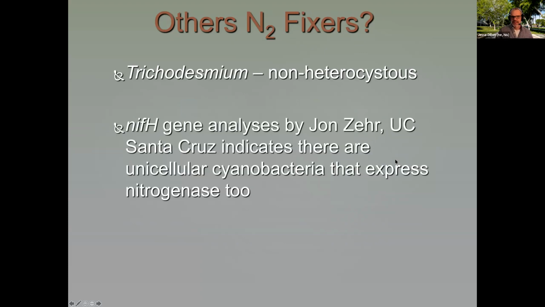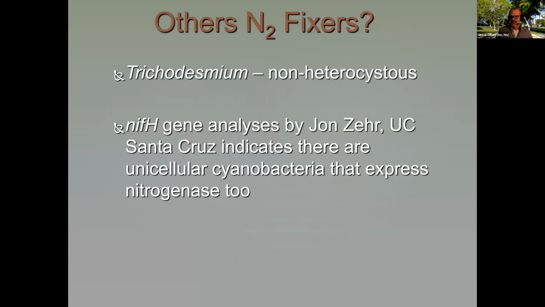But then about maybe 20 years ago now, a researcher up at UC Santa Cruz, John Zehr, discovered that when he started looking for nifH gene expression in the ocean, nifH is one of those key genes involved in the production of nitrogenase, the nitrogenase gene was expressed all over the ocean.